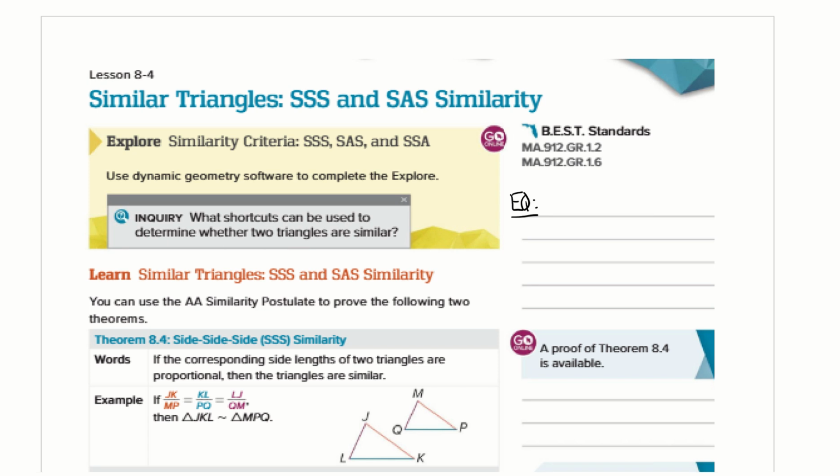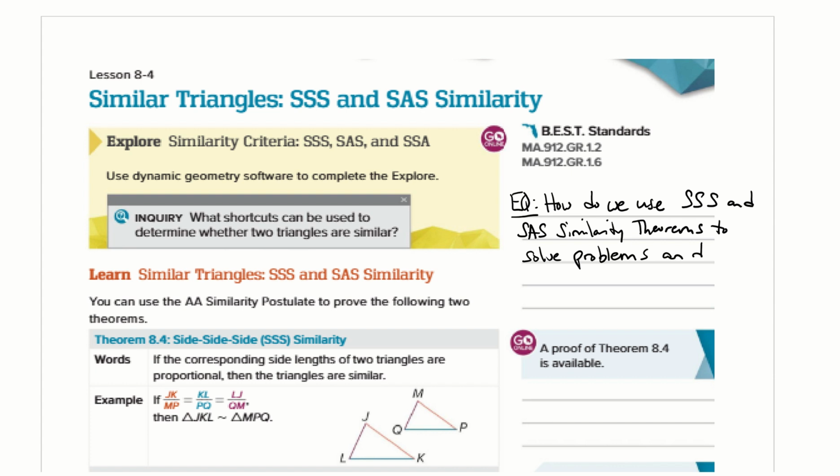How do we use SSS and SAS similarity theorems to solve problems and prove triangles similar? All right, so that's what we're looking for.